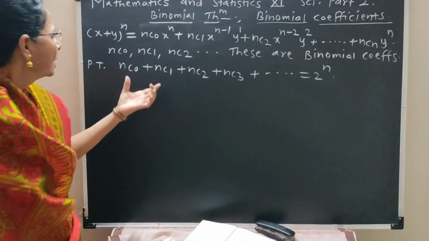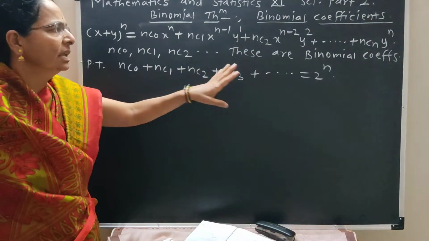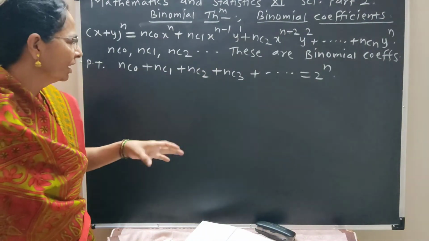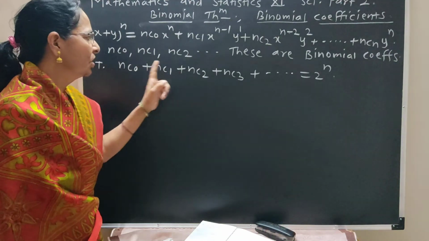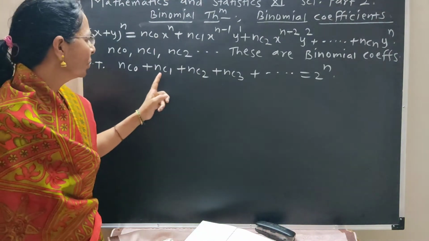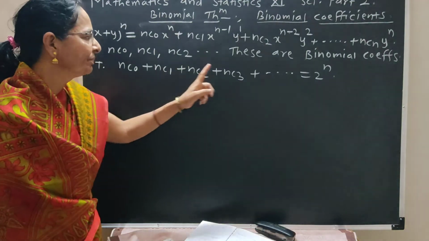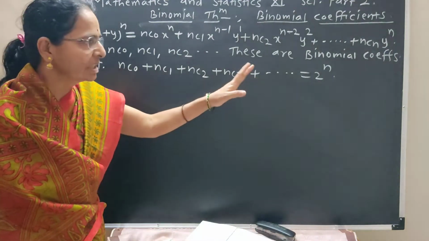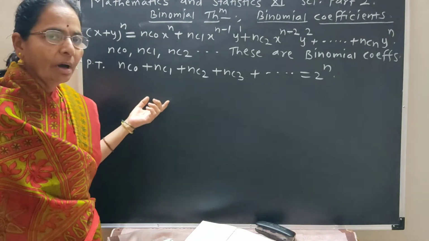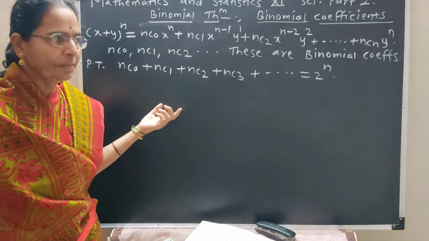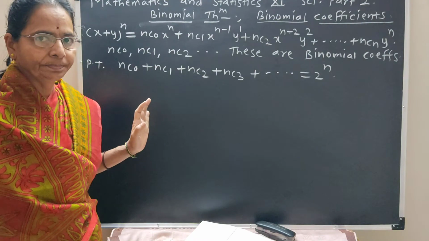That means the sum of all coefficients is 2 raised to n. Here there are even coefficients nC0, nC2, similarly odd coefficients nC1 and nC3 in this way, and the number of odd coefficients and even coefficients is the same.